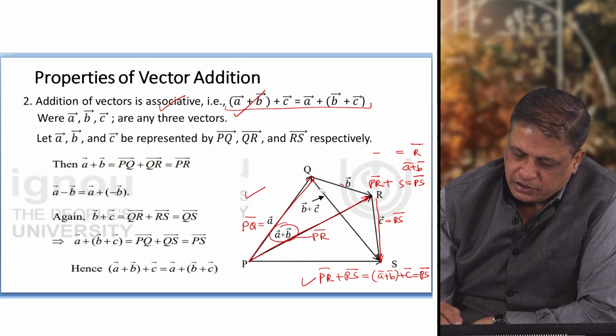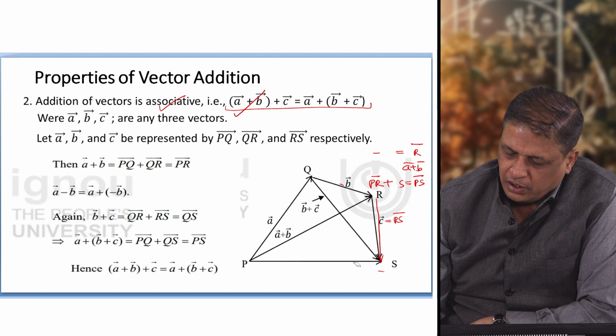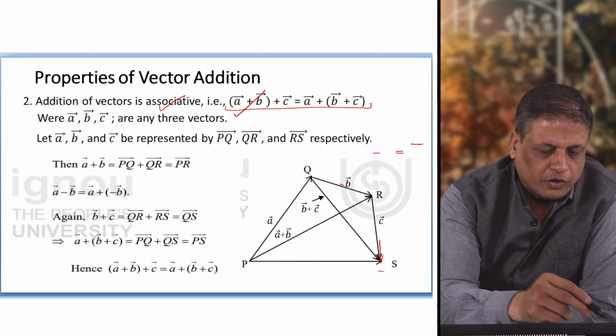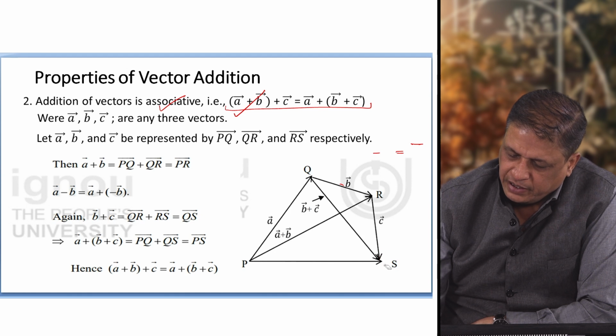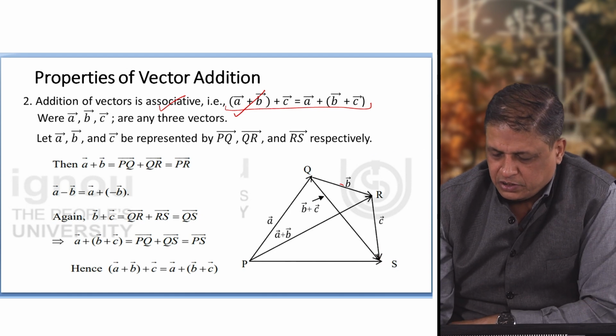Now, let us check the right hand side of this expression and try to understand the associative property. On the right hand side we have A + (B + C).